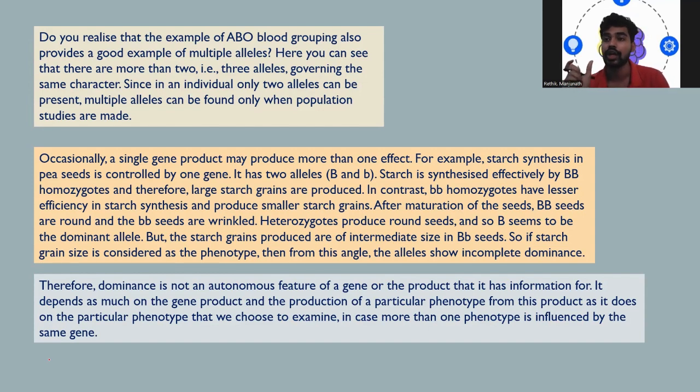That means the phenotype is influenced by the same gene but having different characters. So dominance cannot be considered to always decide the phenotype of a gene. According to the Mendelian monohybrid cross, we thought the phenotype was judged based on dominance, but after knowing these experiments, we get to know that dominance cannot be considered every time.